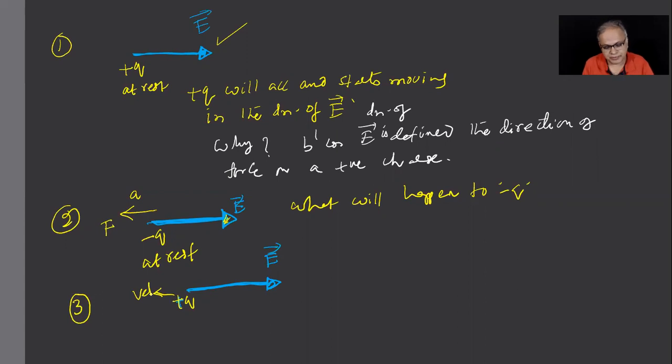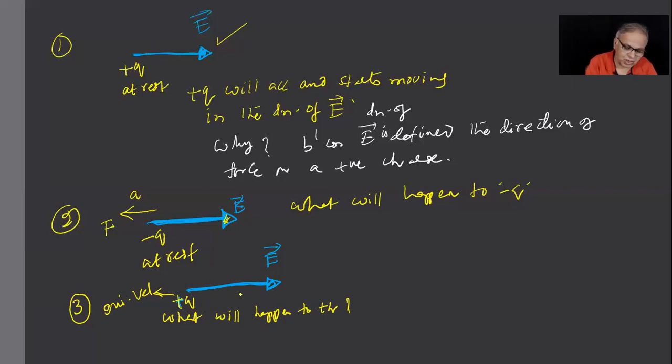What will happen to it? I'll provide some initial velocity for this. So what will happen to this plus Q? Tell me now.